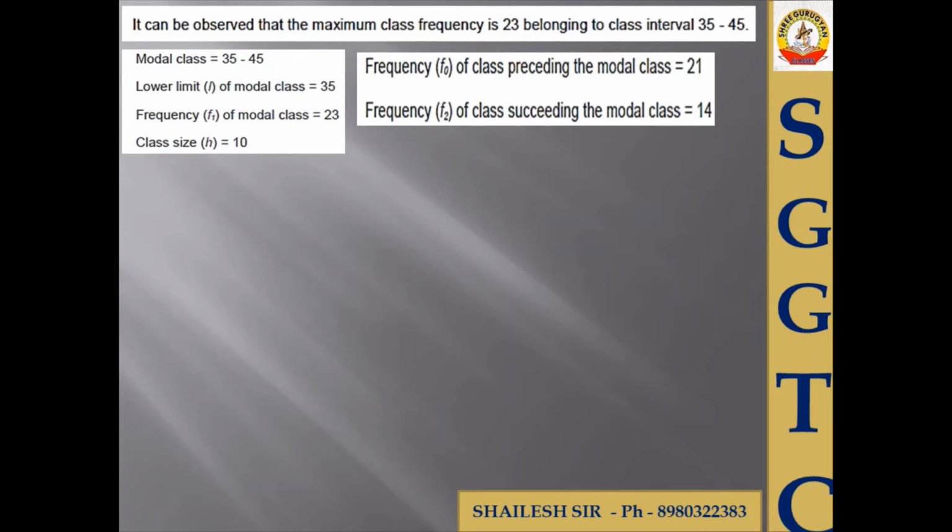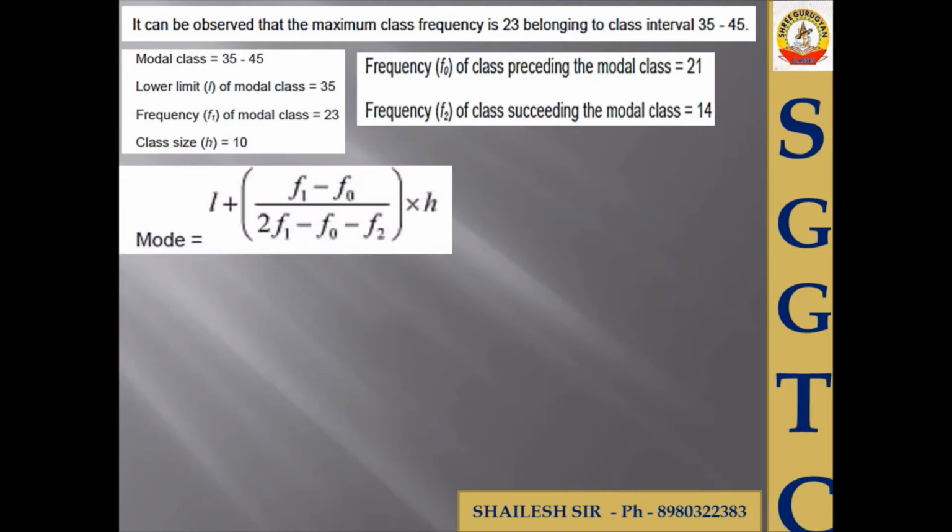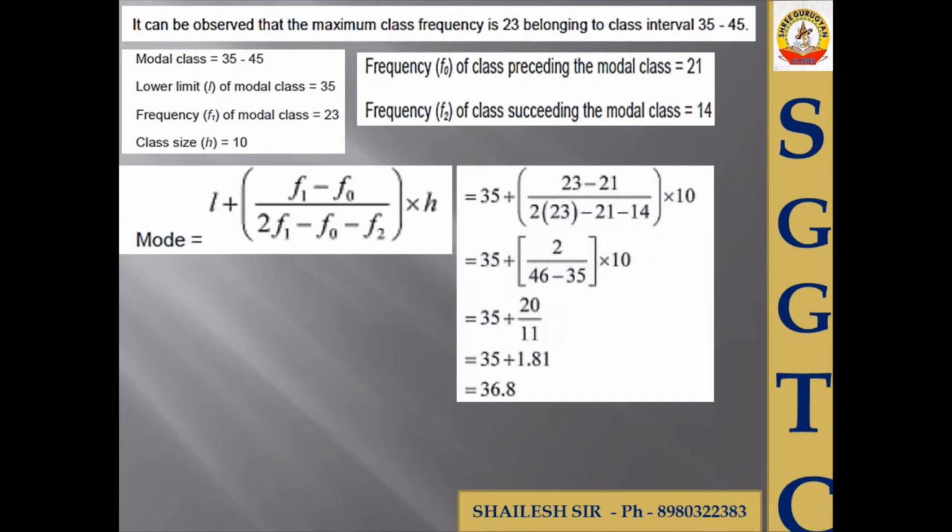See, students, we have our given table and apply our formula, L plus (f1 minus f0) upon (2f1 minus f0 minus f2), and the whole multiplied by h. Putting all values and calculating further, the last answer is 36.8, your final answer.